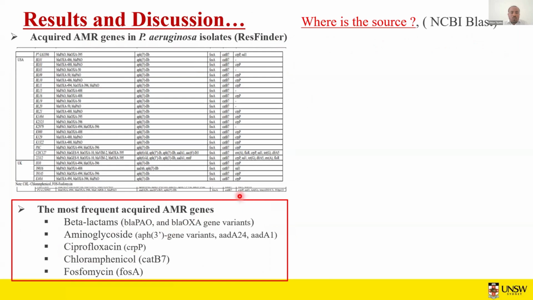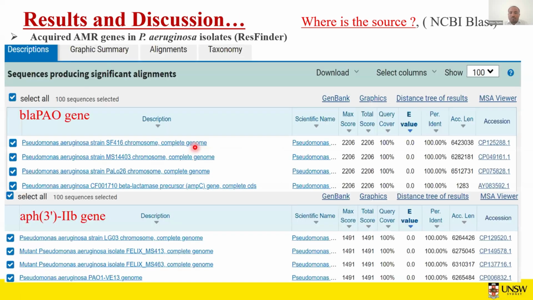So the question is where those acquired antibiotic resistance genes were originally obtained by these ocular strains. So we tried to identify some of the horizontally acquired antibiotic resistance genes to identify the source.